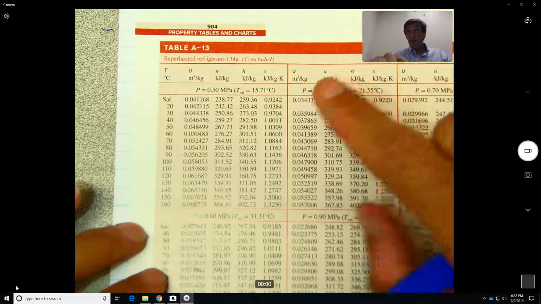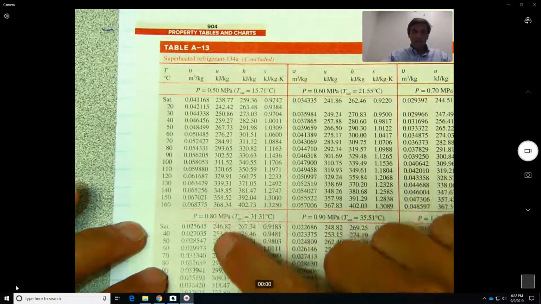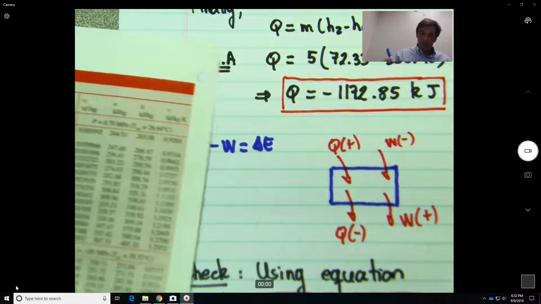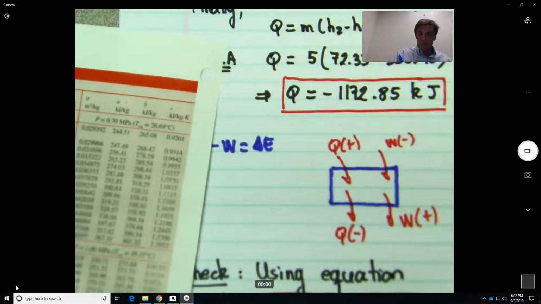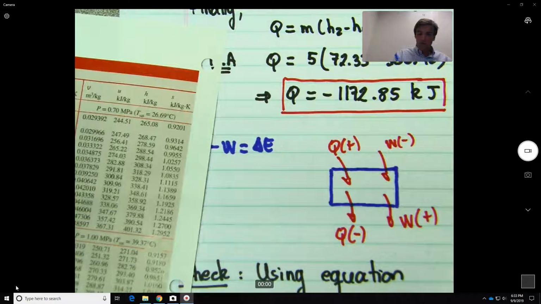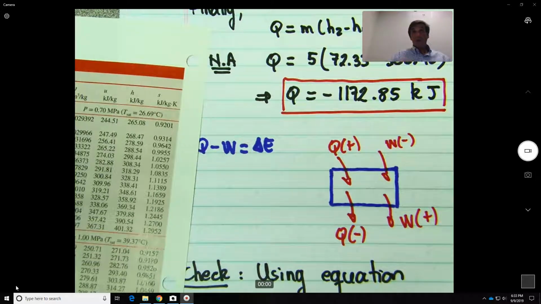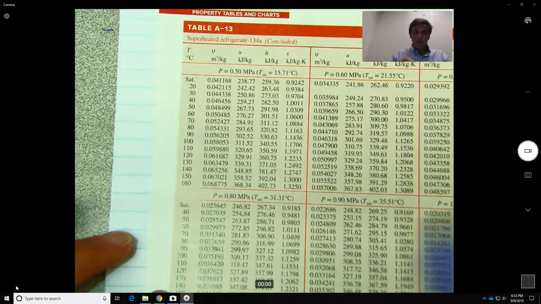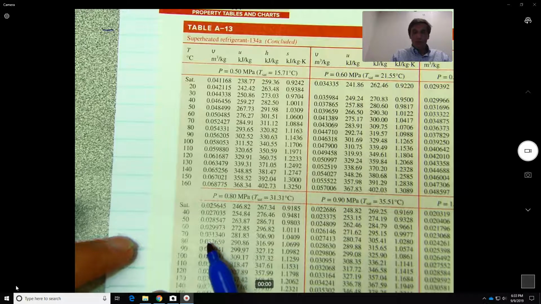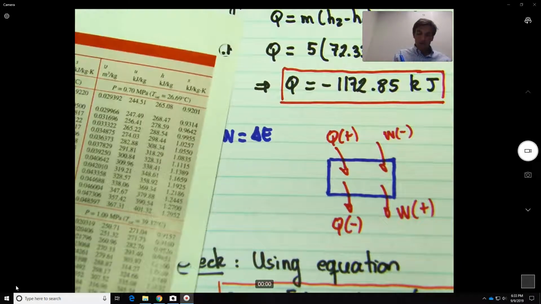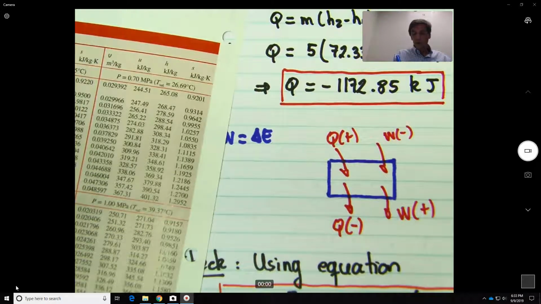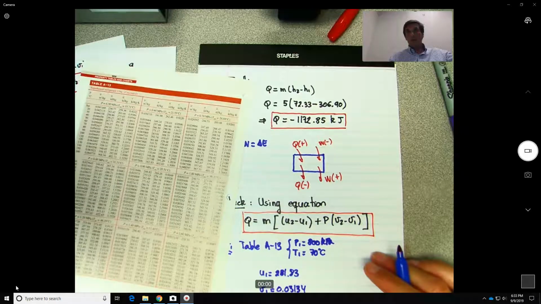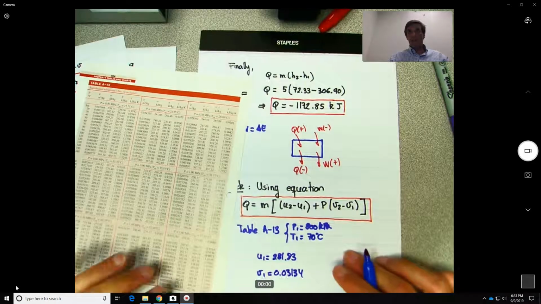So what do we have? 0.8, 70, so U1 will be equal to 281.83, and V1 will be equal to 0.03134. Let me zoom out so you can look at it. This is basically what we have.